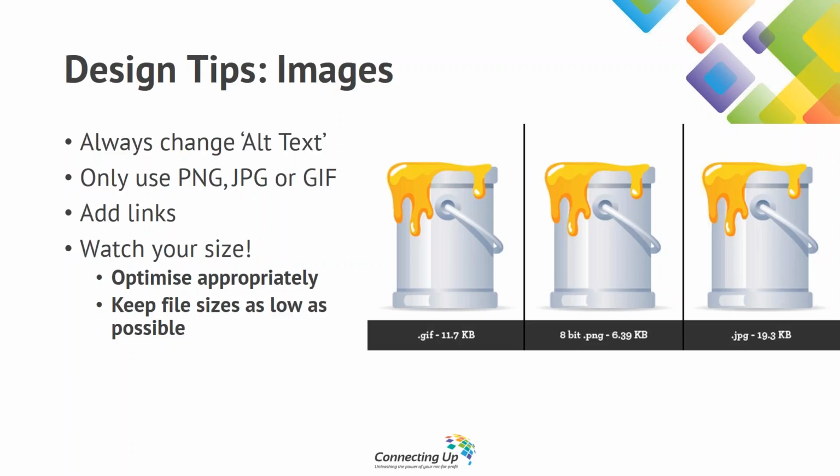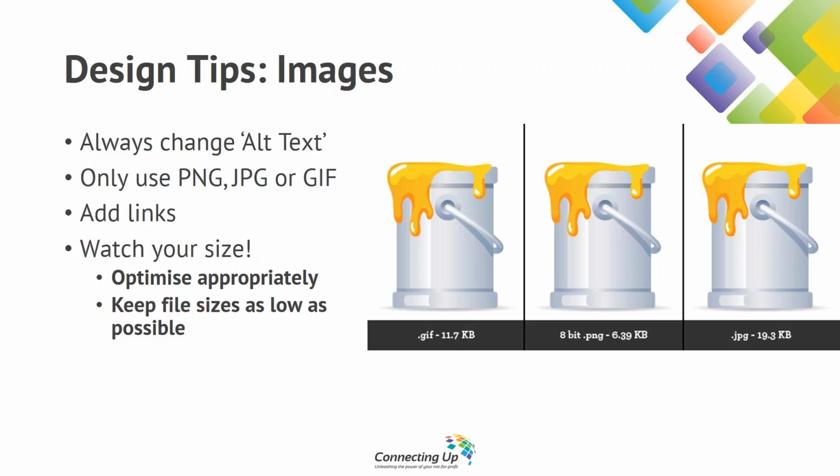If you have a copy of Adobe Photoshop, this becomes really easy because you can use the export function and you can actually try different file sizes of different file formats and see what size they'll come out as and pick the one that's the smallest that doesn't have a noticeable decrease in quality.